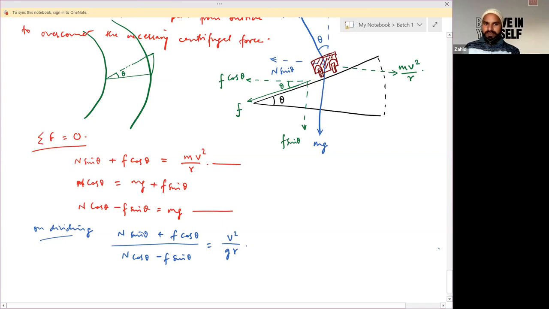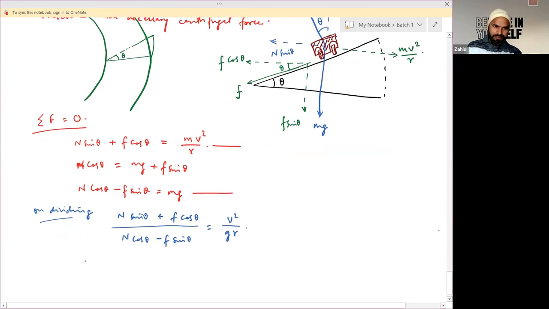Now we have to further reduce this expression, for which divide each term by N cos theta.